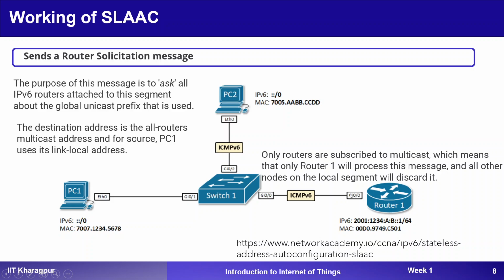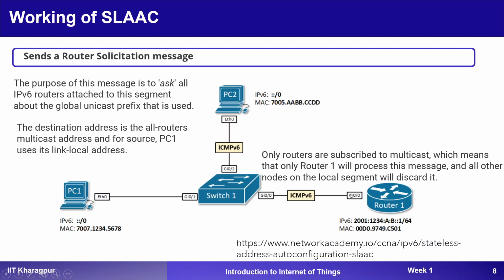Now next is the service oriented architecture of IoT. As in computer networks we have studied various models such as the OSI model and TCP/IP models, which consist of various layers. Similarly here in case of the service oriented architecture of IoT, we have 4 layers which are responsible for different functions.